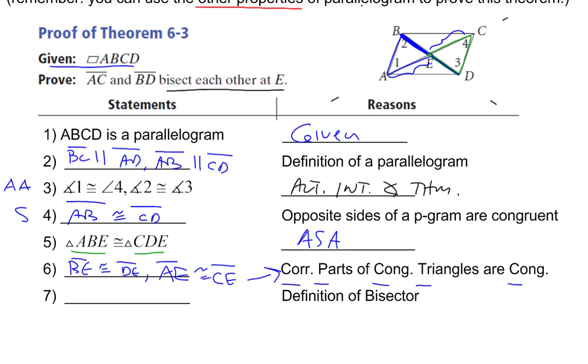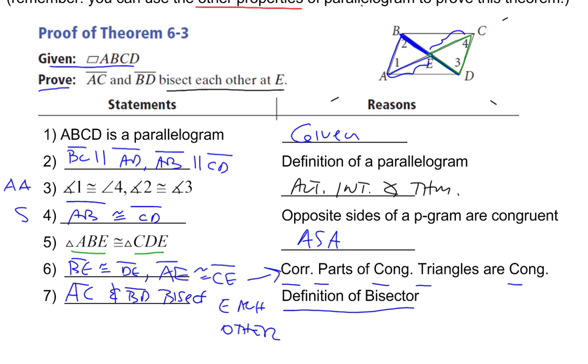That means exactly what I'm being asked to prove. That means that line segment AC and line segment BD each bisect each other, exactly what I'm asked to prove. Why? Because that's the definition of bisector. A bisector creates two line segments that are congruent to each other.